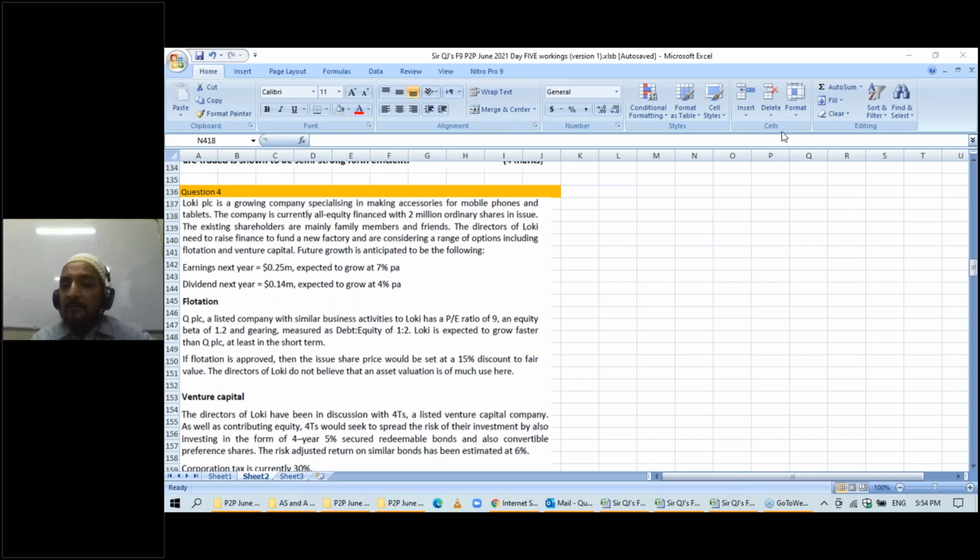Suppose in the end you are left with 2 constructive response questions, one is calculation and one is theoretical. As I said earlier, I'm repeating this tip: do the theoretical part first, because if you do the theoretical part first, it will take less time to do it.